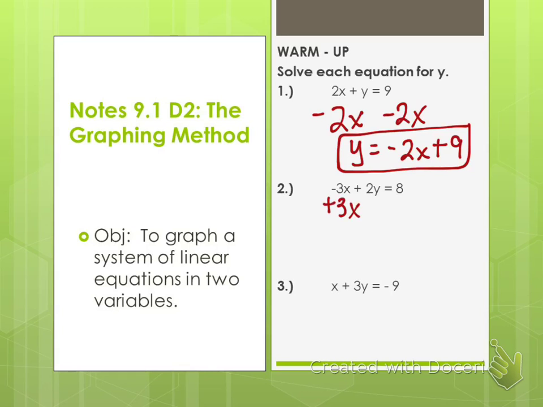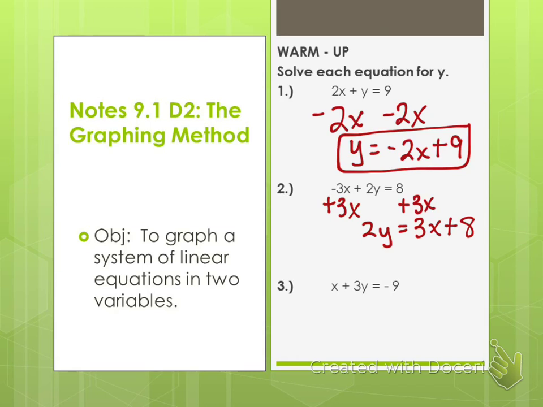So we add 3x to both sides. That leaves us with 2y equals, how do we write the other side? Anybody? May? 3x plus 8. Wonderful. Both of those are positive, so 3x plus 8.